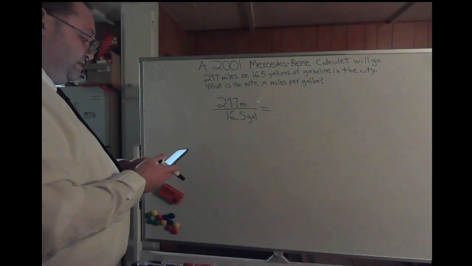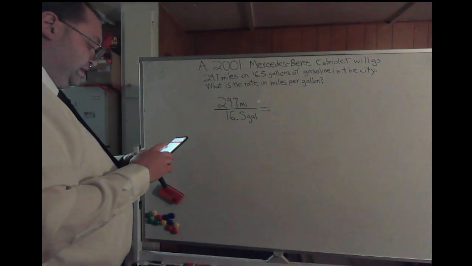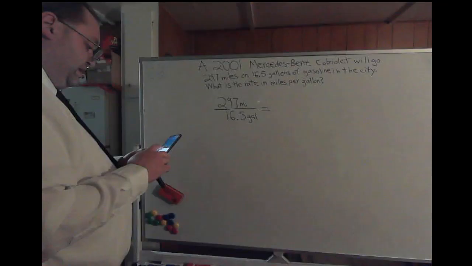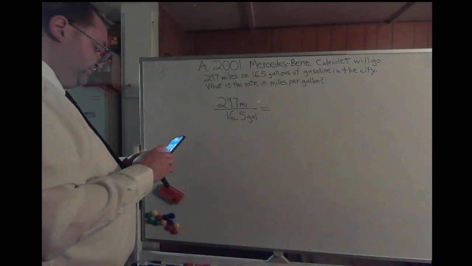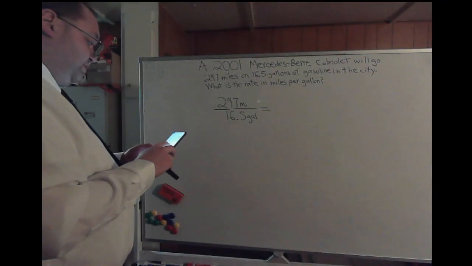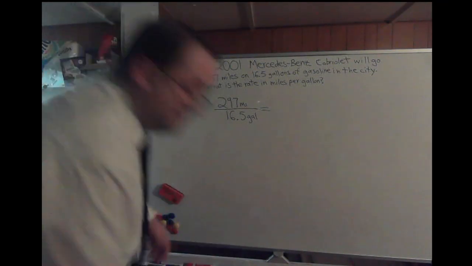So, calculator time. Alright. 297 divided by 16.5, that'll give you 18.